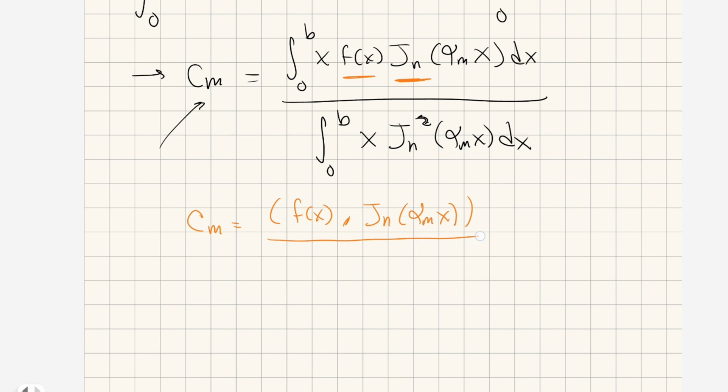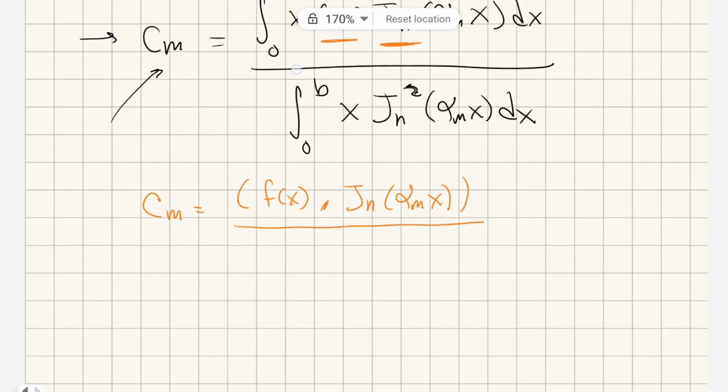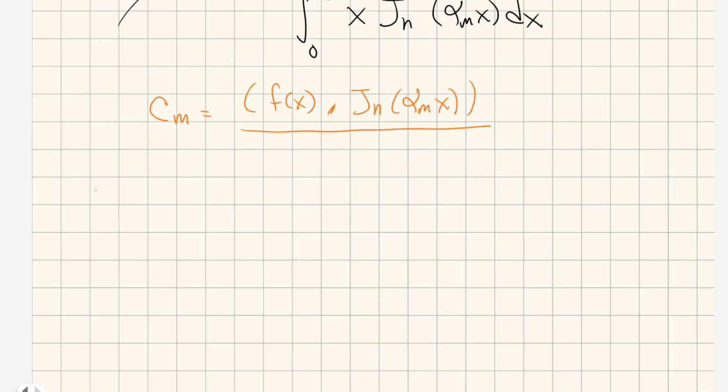Okay? And this is divided by, well, here recall that this is the definition of the norm of the function Jn of alpha m x. Recall that in vectors, when you want to know what is the norm of the vector, for example the vector u, you make the dot product of u with itself, and actually this is the norm squared, right?